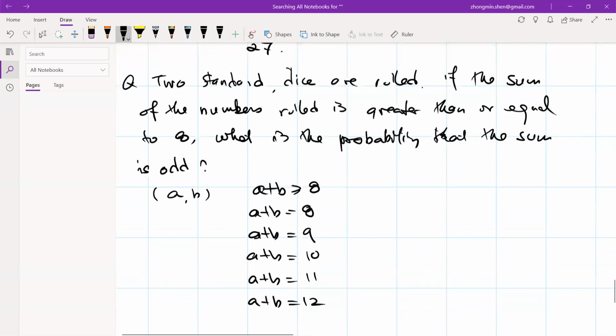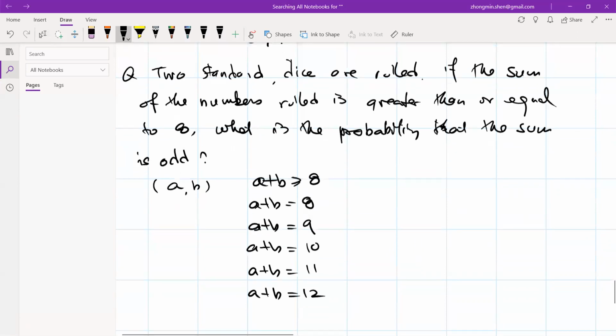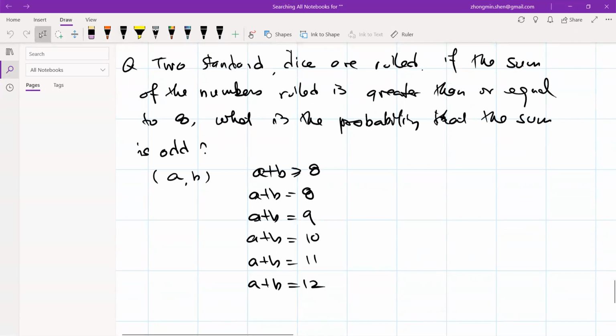Now you cannot just look at, that's my hint. The largest possible value you can get is 12. So the question is, what is the probability you will get the sum? Can you do this problem?